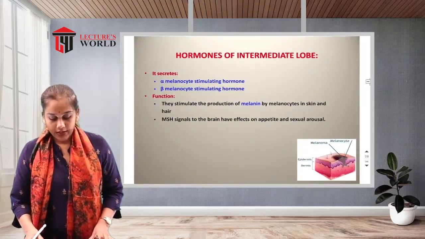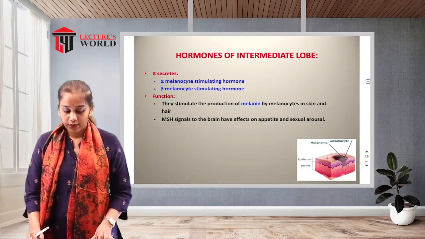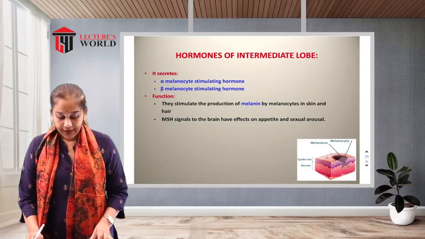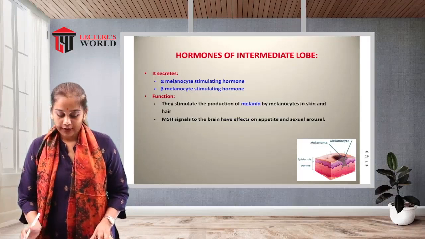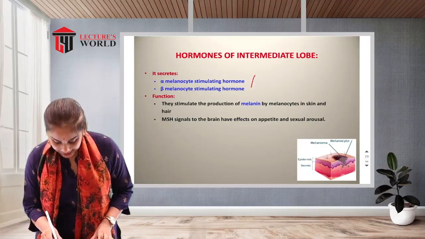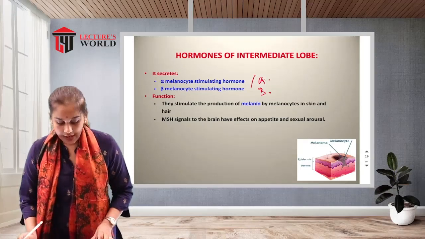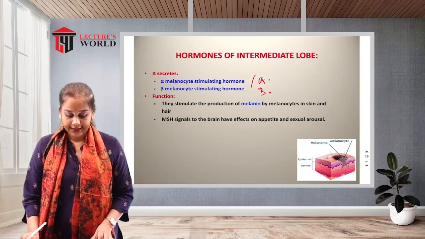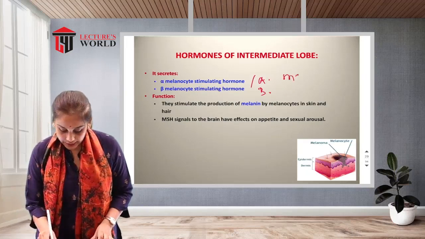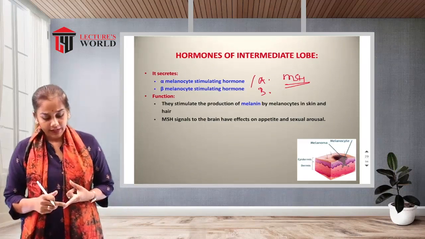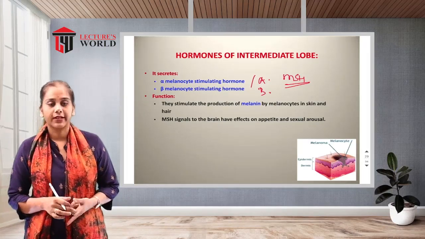Now let us see the hormones of the intermediate lobe. There are two major hormones: alpha melanocyte stimulating hormone, also represented as MSH, and beta melanocyte stimulating hormone.